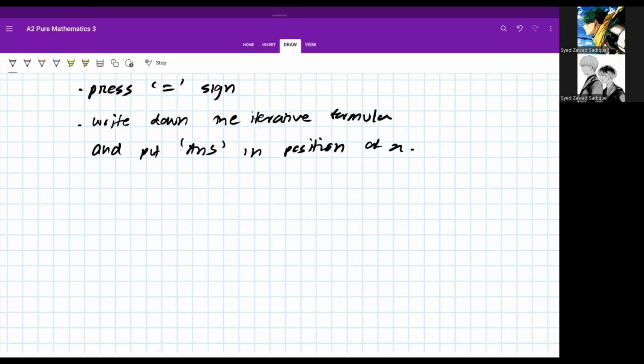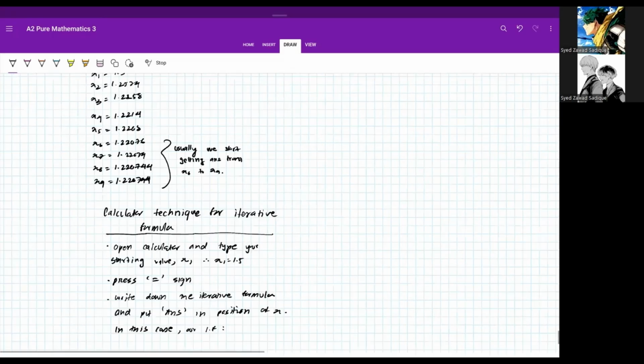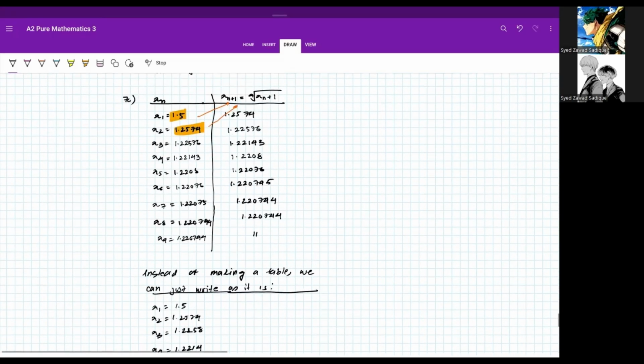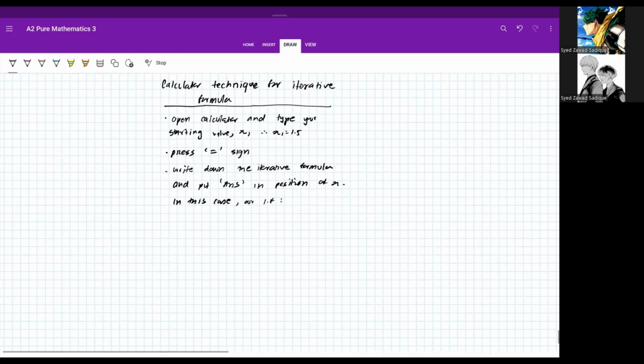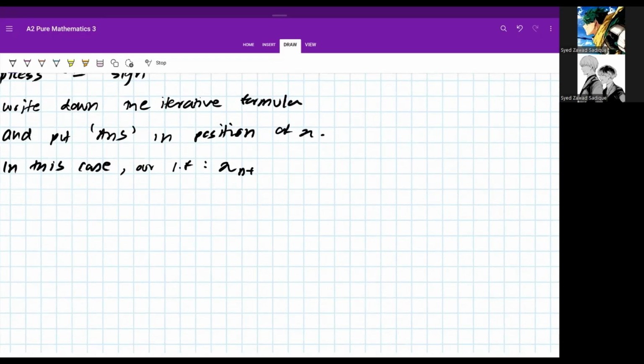In this case, our formula was x(n+1) is equal to the fourth root of x(n) plus 1.